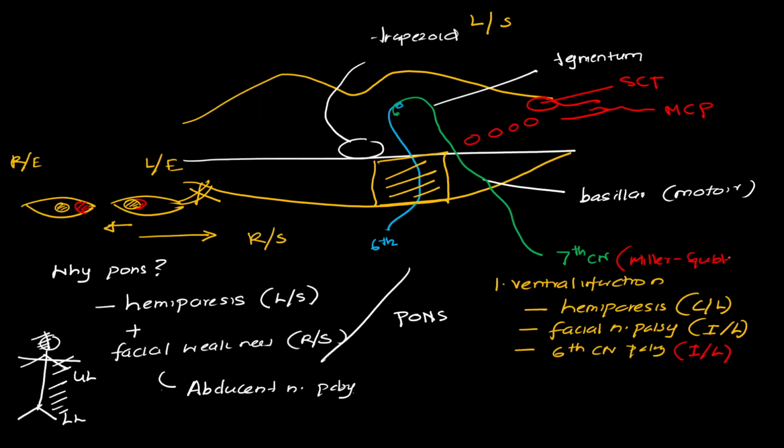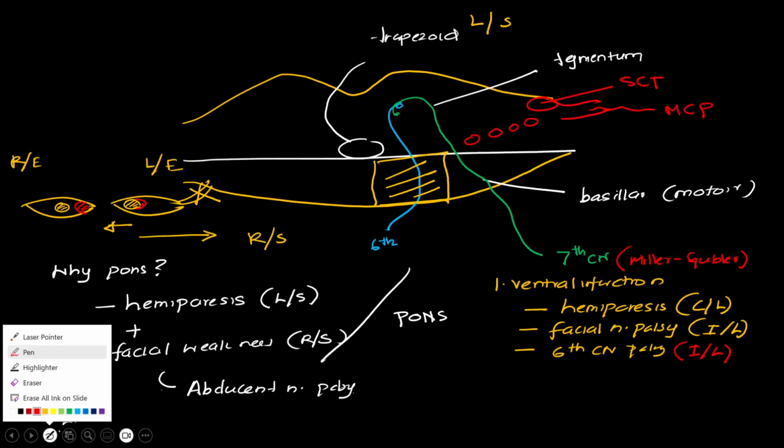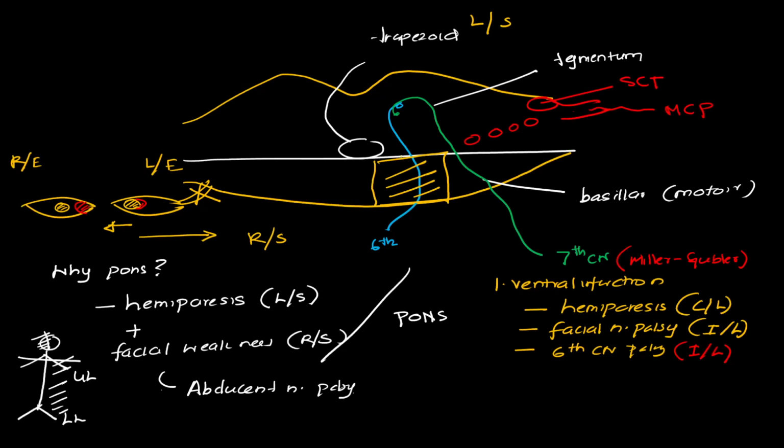Millard-Gubler syndrome. What else? Now something very similar to it, it's the same thing actually, but sometimes it extends to the tegmentum as well, a little bit to the tegmentum. This will involve a region which is given the name PPRF. Okay, if you have done your ophthalmology appointment, you would know this.